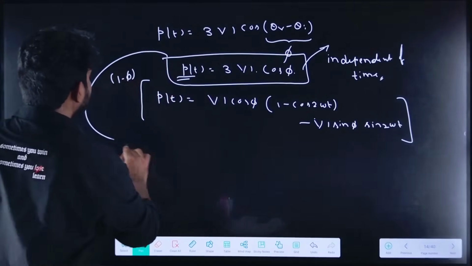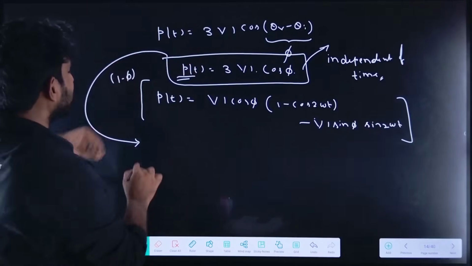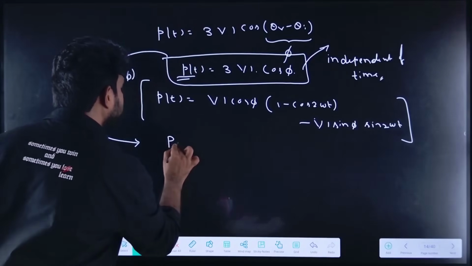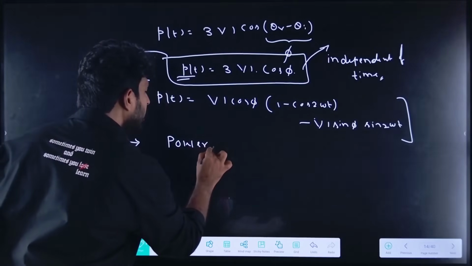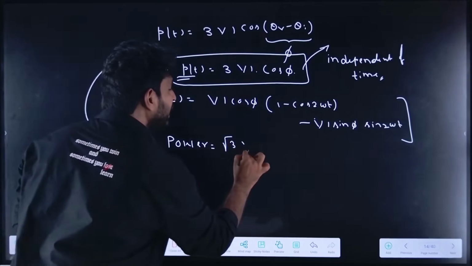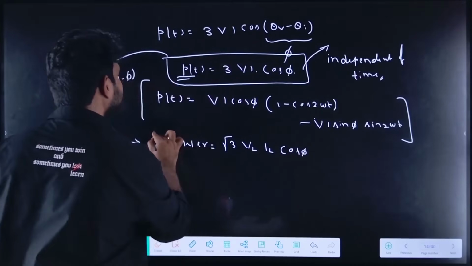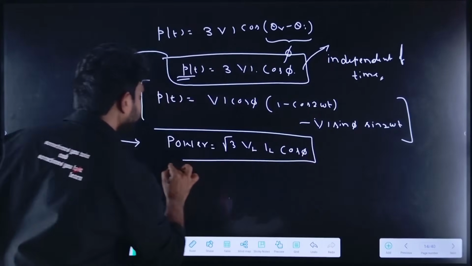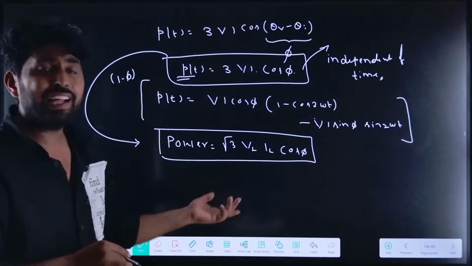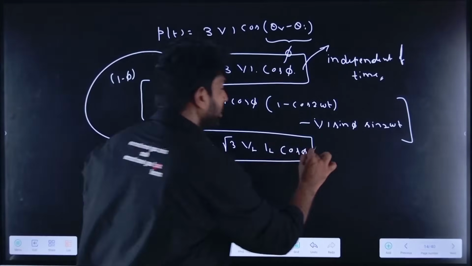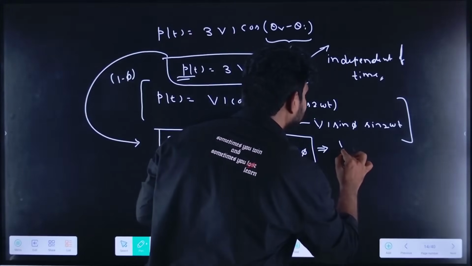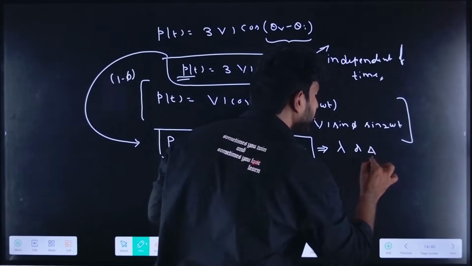Here, if we simplify, the active power, that is the three-phase power, we can write as root 3 into VL IL cos phi. Either star connected or delta connected load, we can use this formula.